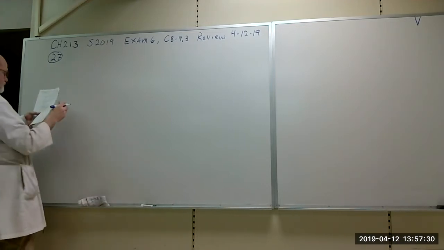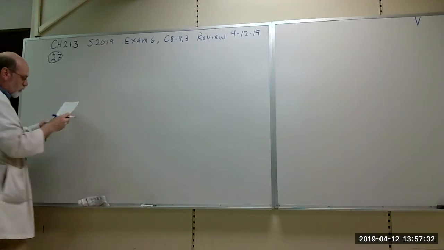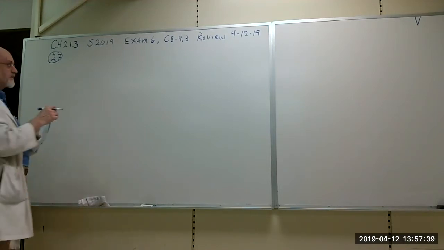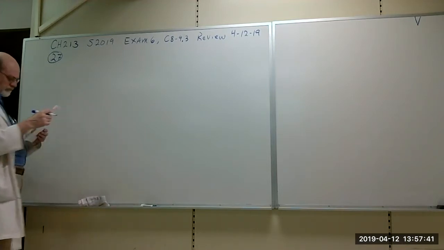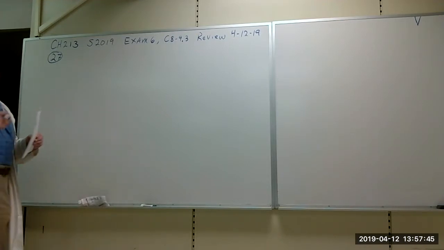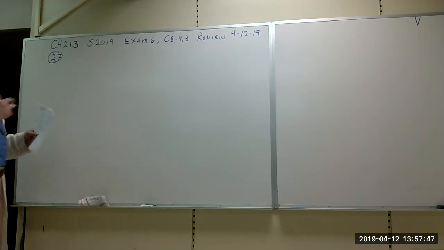Okay, so if we want to calculate the energy of an HF bond, let's define our target equation first. What would give us the energy of an HF bond? The energy of an HF bond is the energy required to break the bond. Right?